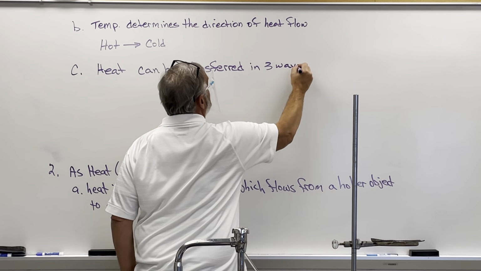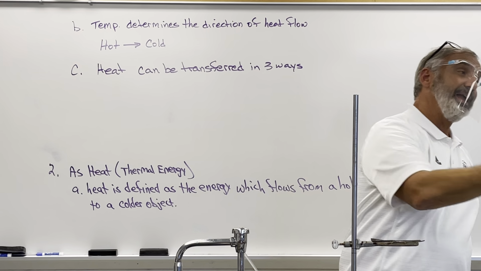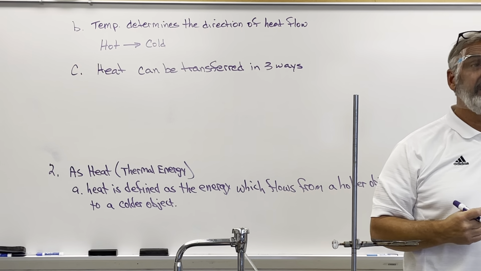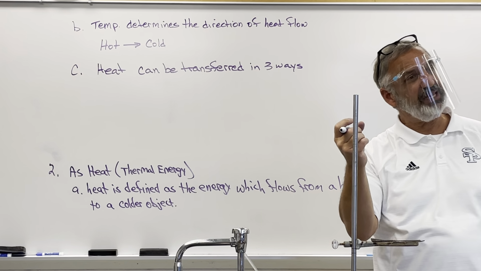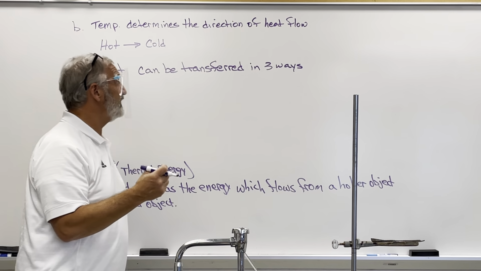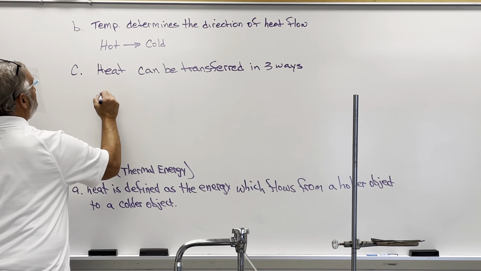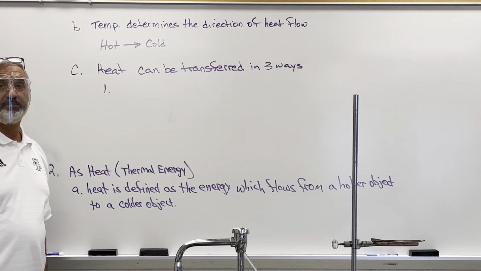So in other words, there is a difference between total internal energy and heat. Because energy is the work and the heat combined. You can transfer energy two different ways, but heat can be transferred in three ways. Do we know what these three ways are?